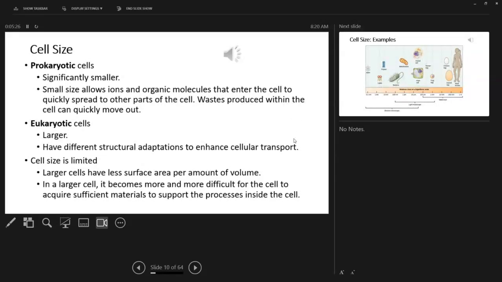So that's what our human cells are, eukaryotic. Again, comparing the size, the bacteria cell is much, much smaller than typical eukaryotic cells.